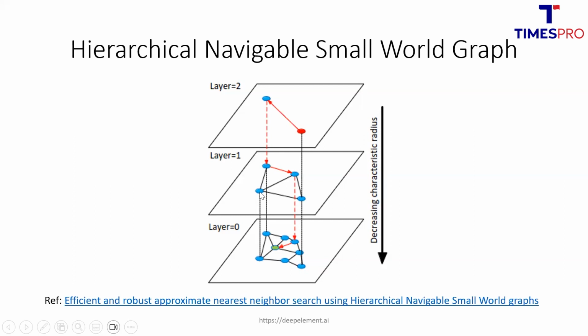So within the layer 2 graph also, you start from Delhi, go to Jaipur, Jaipur to Hyderabad, and Hyderabad to Bangalore. Once you have reached Bangalore, you again change your mode of transport. When I say changing the mode of transport in terms of graphs, it means you're going from a higher level graph to a lower level graph. So in this lower level graph, again you start from Bangalore. You have stopped at Bangalore in the higher level graph, so you start at Bangalore in the lower level graph.